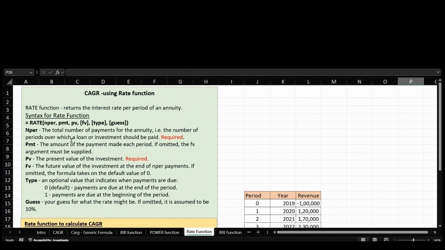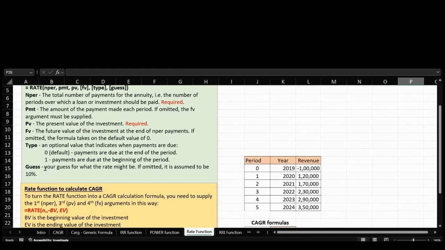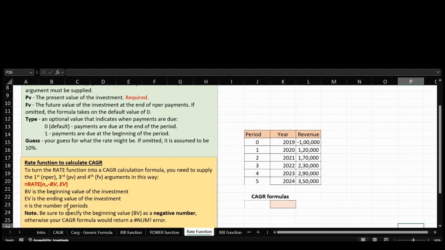It can be omitted, so we'll just leave it blank. The third value, PV, can be taken as minus BV, that is the beginning value, and the fourth value, FV, that is future value, can be taken as the end value. So now we have to substitute this and get the result.